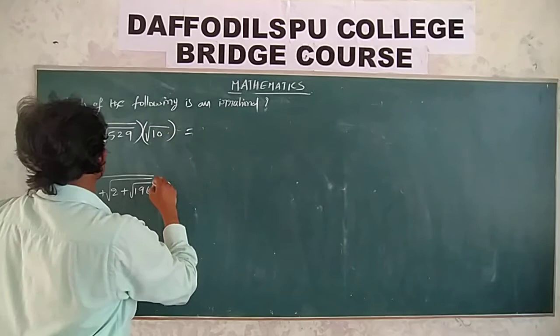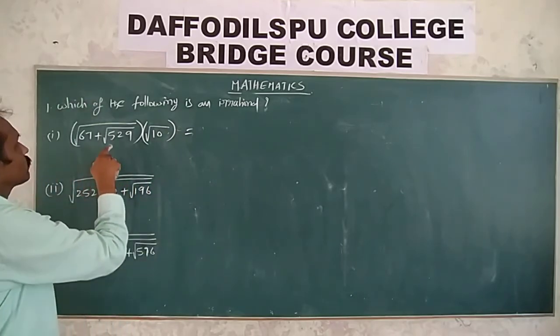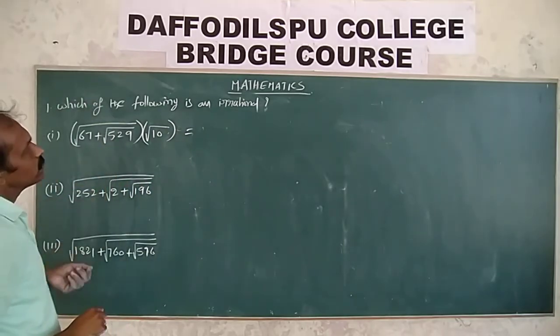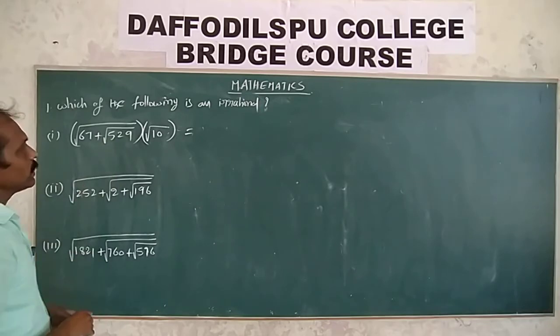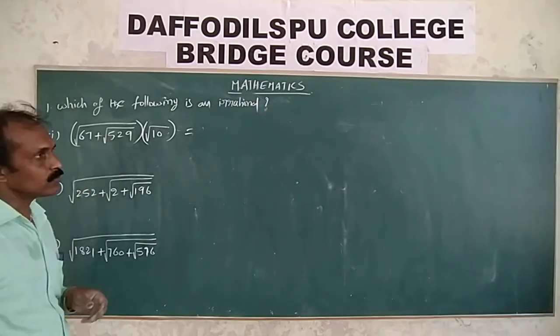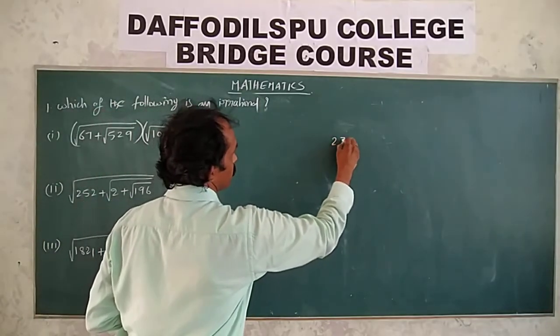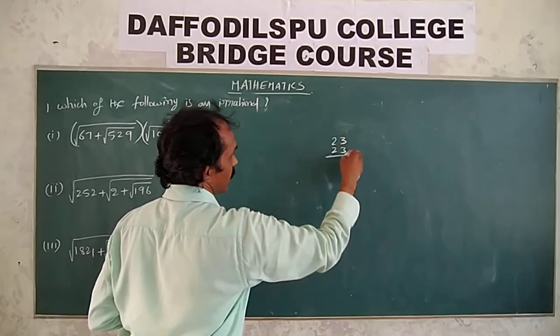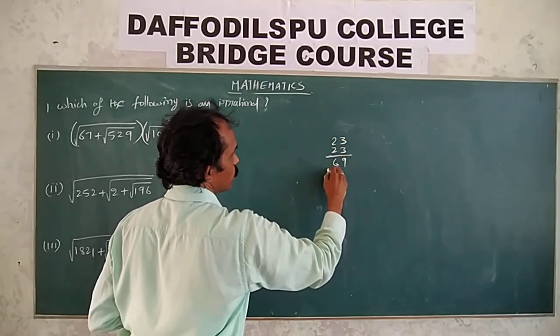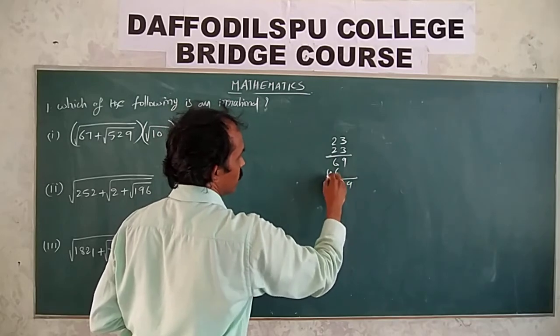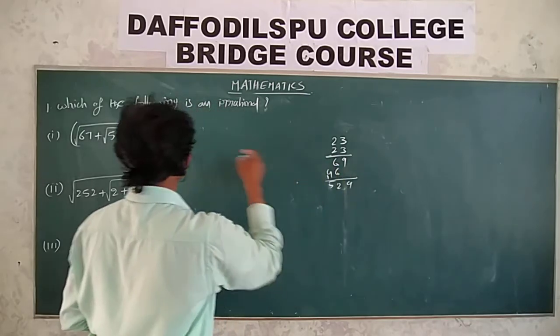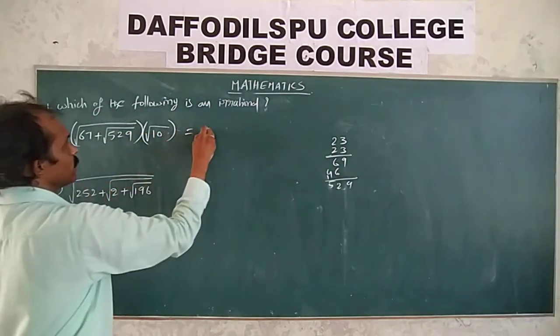So first of all, calculate. Root 529. Any exact value for this 529? Maybe this is 23. So this value is equal to 23.